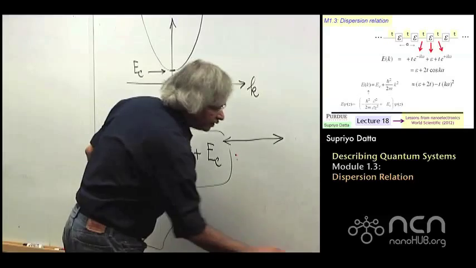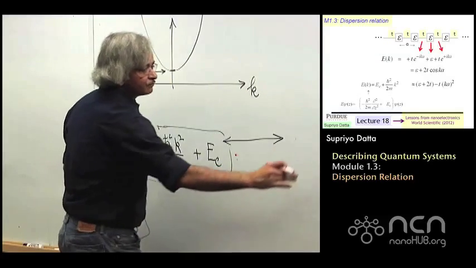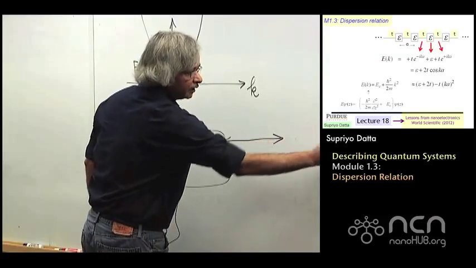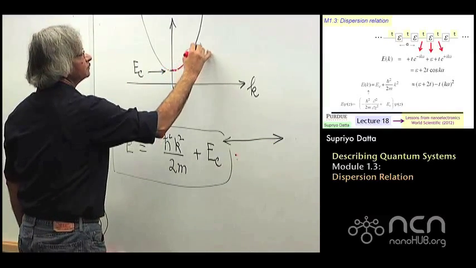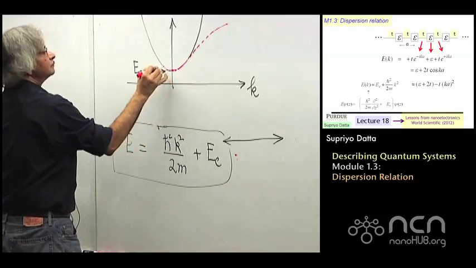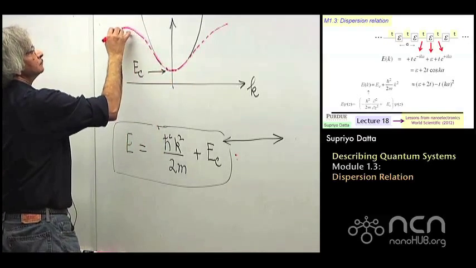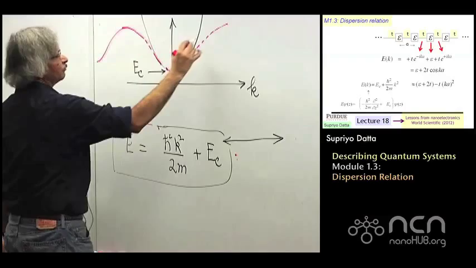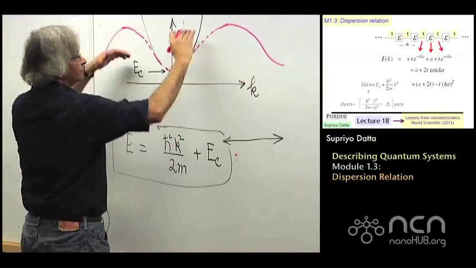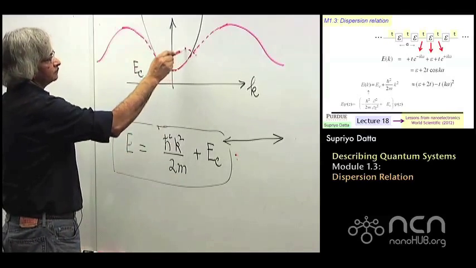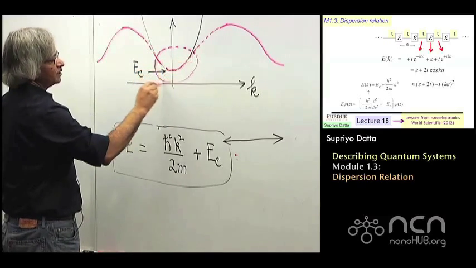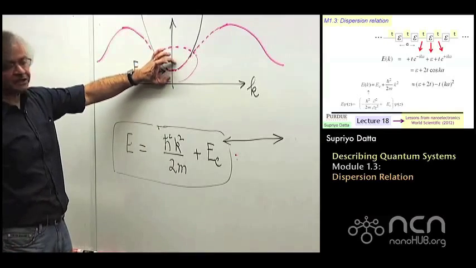On the other hand, if you were plotting this cosine function here, it could look something more like this. Cosines, as you know, kind of go on like that. And the point is that right around here, if you chose your parameters carefully, they could match very well.